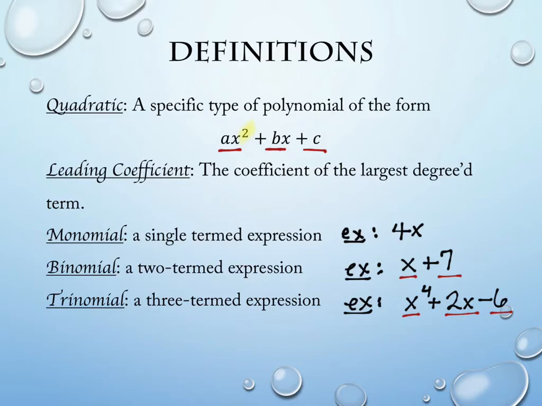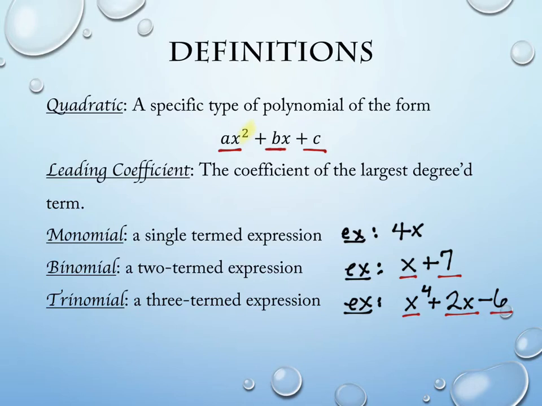Okay? So it's kind of like classifying me as I'm a mom, and I'm a teacher, and I'm a wife, and I'm a pastor's wife, and I have lots of titles, right? But it's still all talking about the person me. So what you're seeing up here where it says ax squared plus bx plus c is a quadratic equation. More specifically, it's a quadratic polynomial, or it's a quadratic trinomial, because there's 3 terms.